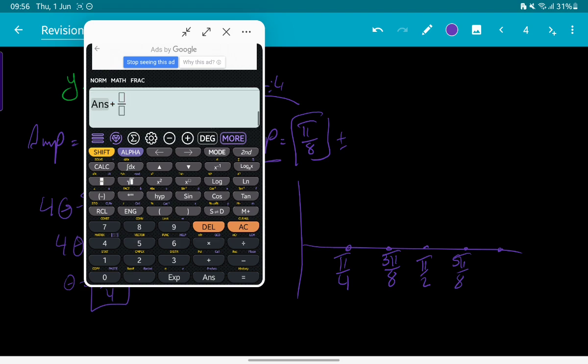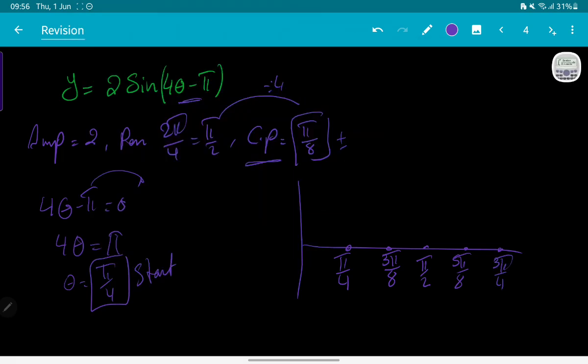Plus pi over 8, it's 3 pi over 4. And we keep adding to find the next steps.